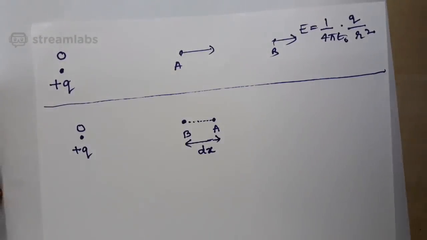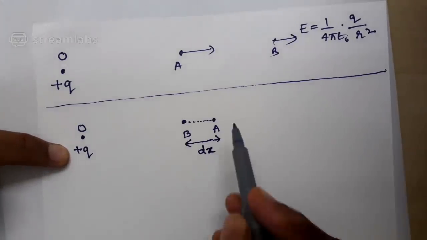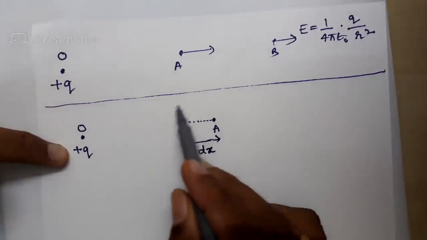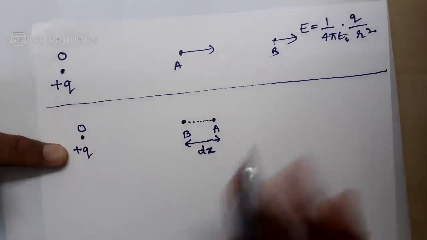What it means is that a plus 1 coulomb charge assumed at A and B or anywhere between A and B will experience the same amount of electrostatic force by a plus Q charge, which indicates that the electric field between A and B is nearly a uniform electric field.